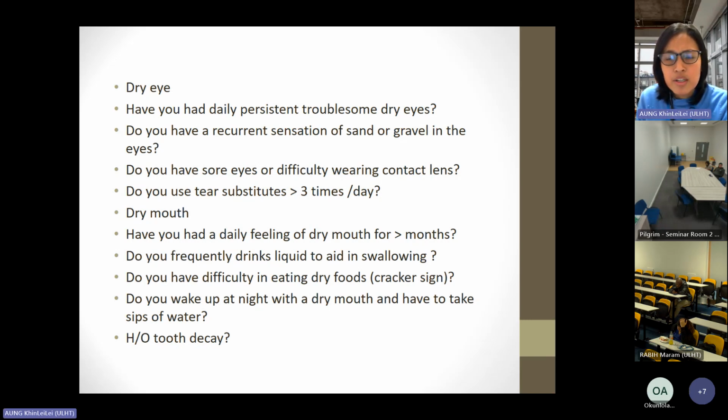Dry mouth. Have you had a daily feeling of dry mouth, for how many months? Do you need to drink liquids to aid in swallowing? Do you have any difficulty eating dry food, especially crackers? Because crackers or potato chips are dry food. If the patient has troublesome dry mouth, they cannot eat potato chips or crackers.